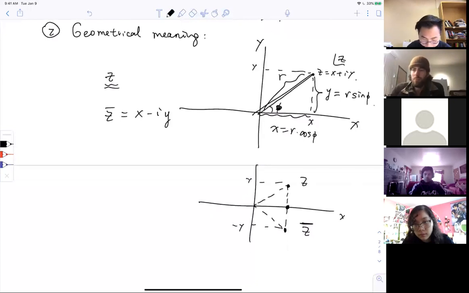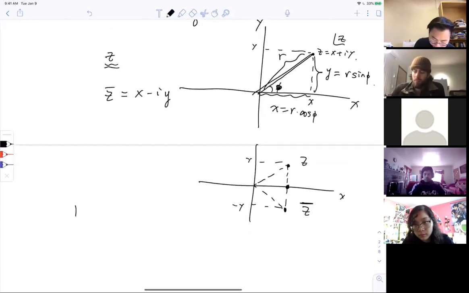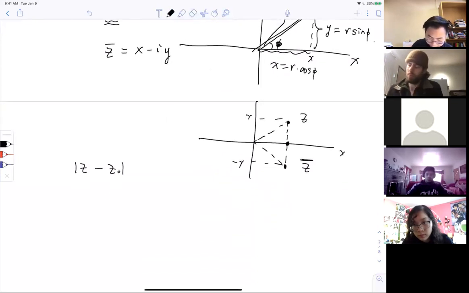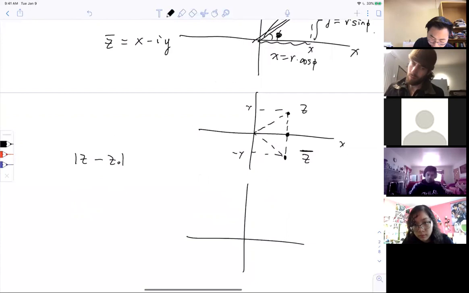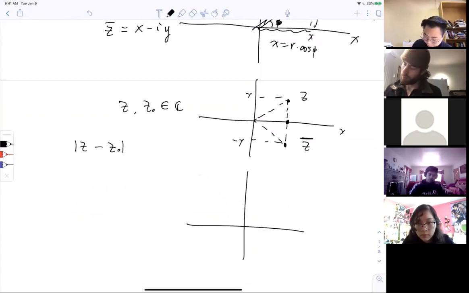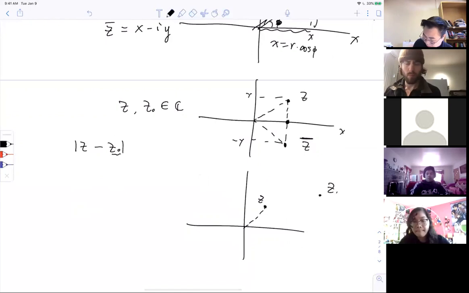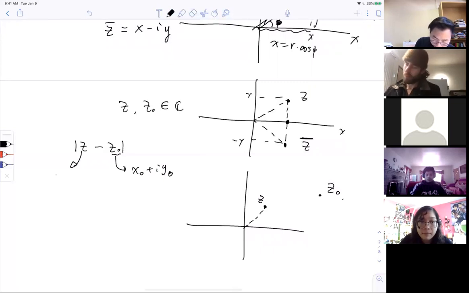Another thing you need to know is the meaning of the absolute value of z minus z naught. Both z and z naught are complex numbers. For example, this point is z, and z naught is another complex number, let's call it x naught plus i y naught, and this one is x plus iy.